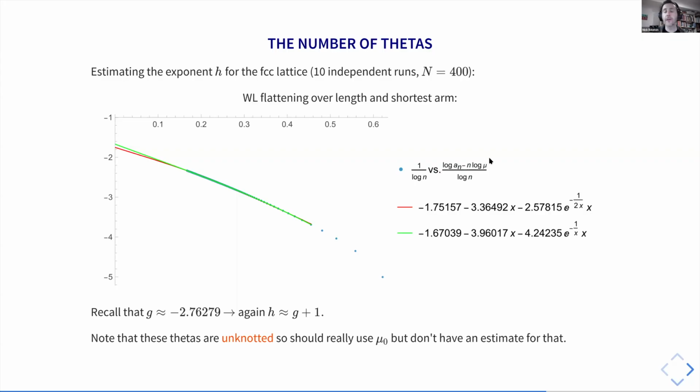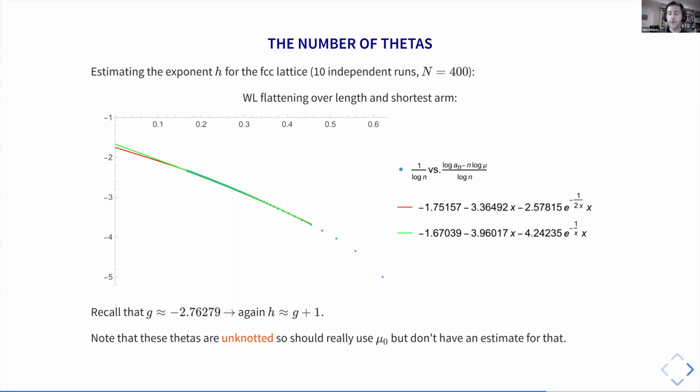This is the connective constant for all polygons or all walks. Really, I should be using the growth rate for unknotted polygons, but A, I don't have a really good estimate for that, and B, it would be very close to the one for all polygons anyway. It's probably the data is not going to bear that out anyway.